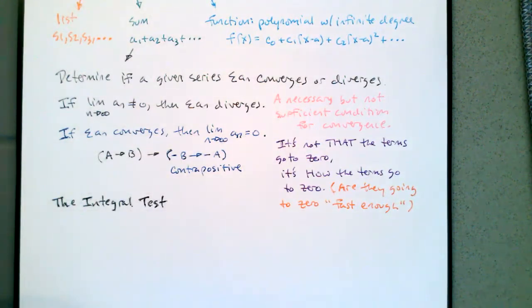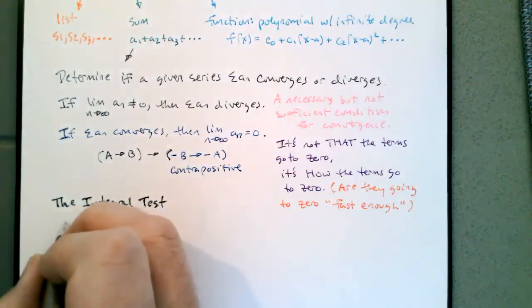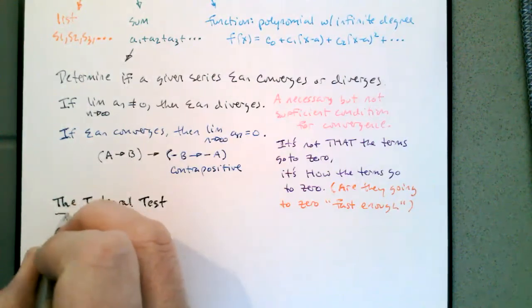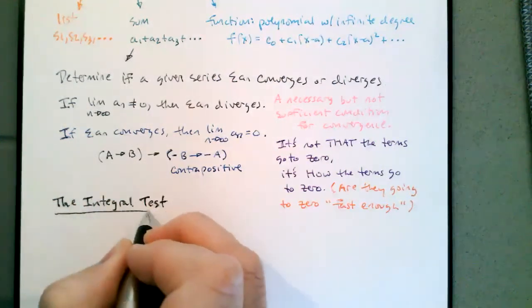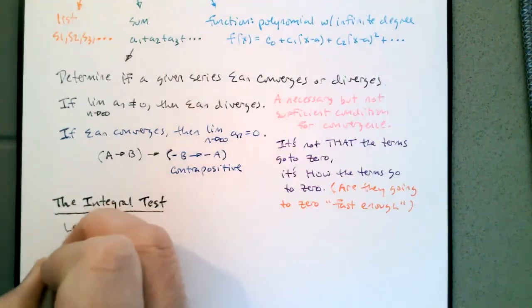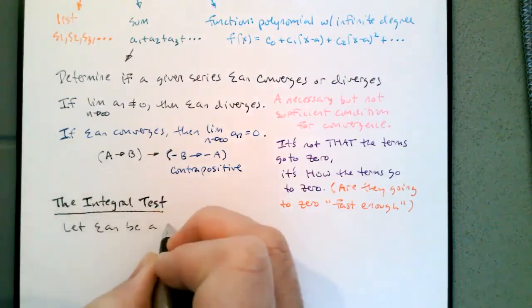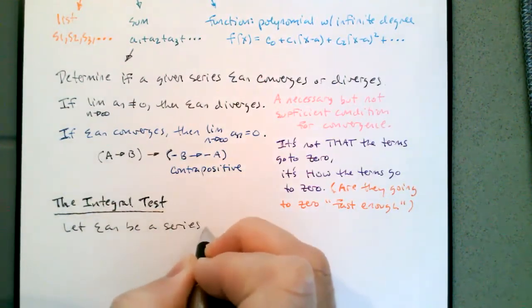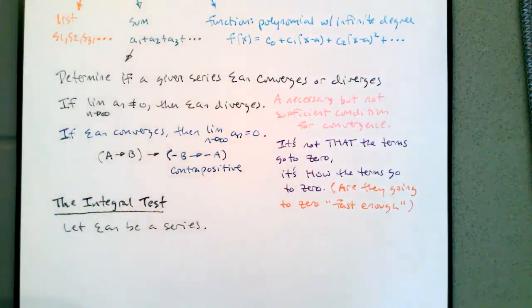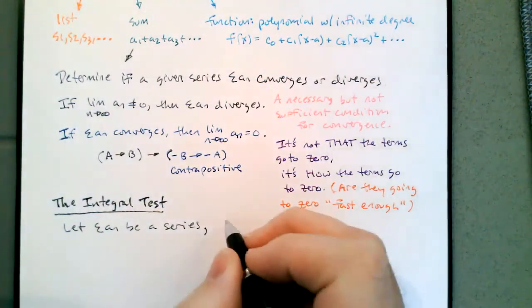So the integral test, we determine that a series converges by integrating the terms as a continuous function. So here's a series that we're trying to determine converges or diverges, and we make a continuous function out of it.